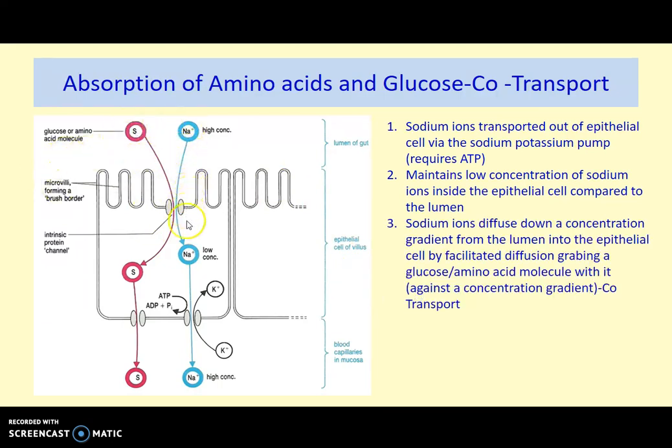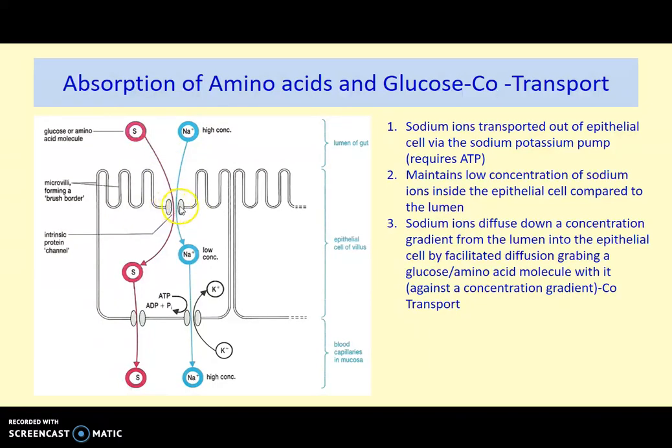Sodium ions then diffuse down that concentration gradient from the lumen into the cell by facilitated diffusion. But this carrier protein is a special carrier protein that can co-transport a glucose molecule in. This is represented here by S. Now this can be glucose, or it can be an amino acid molecule, or indeed a vitamin molecule.